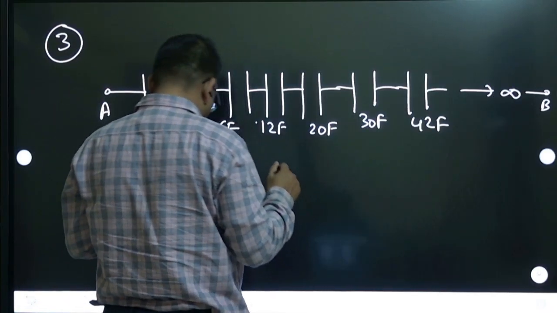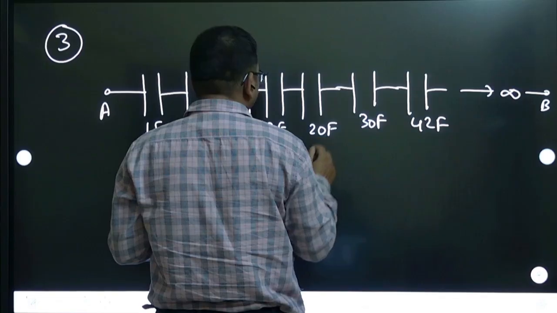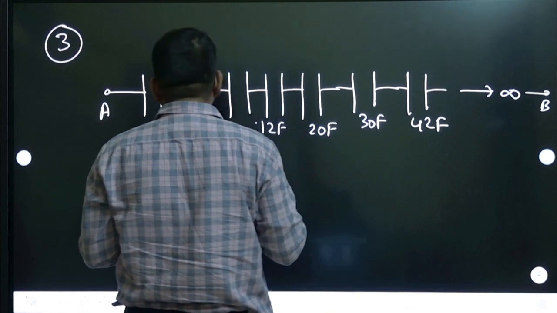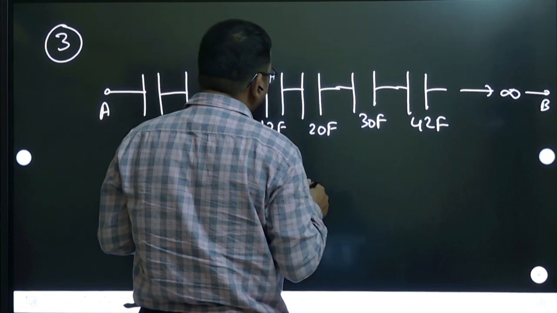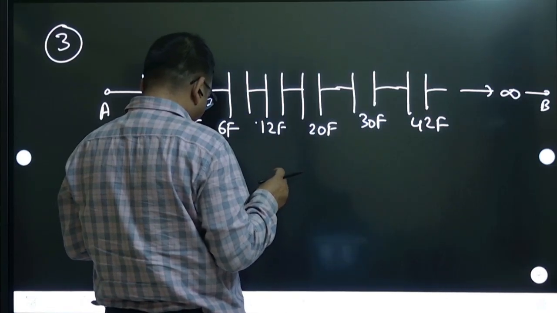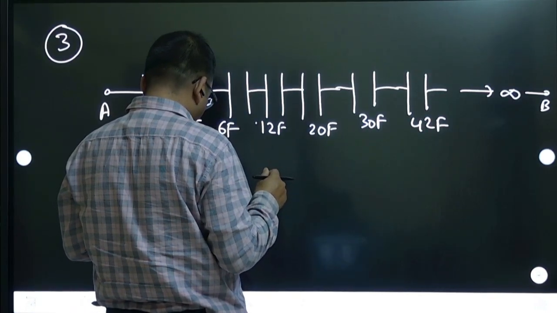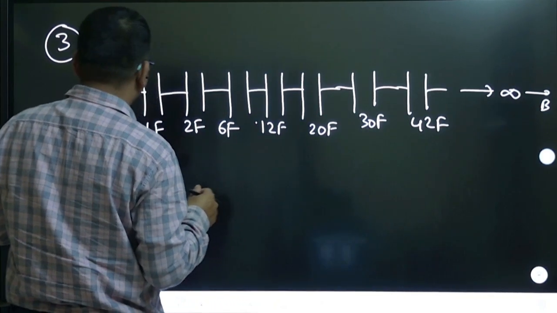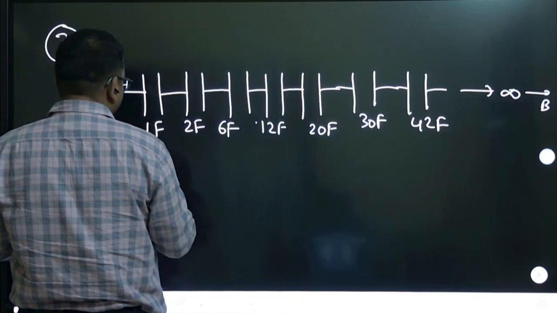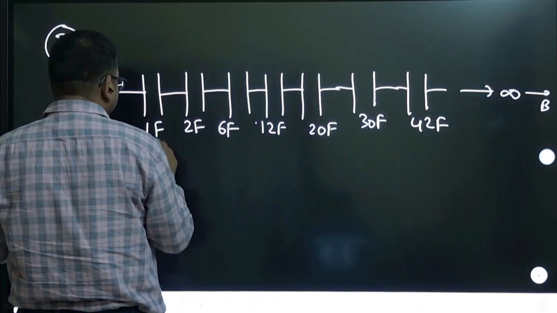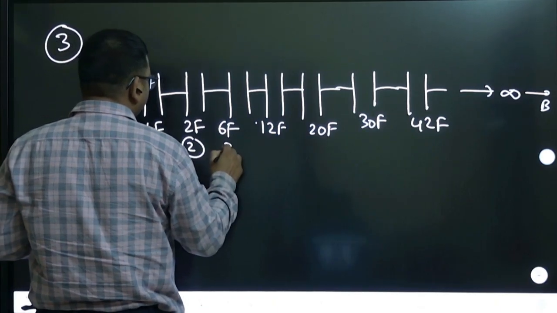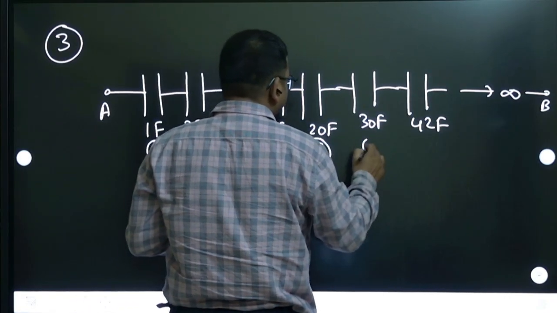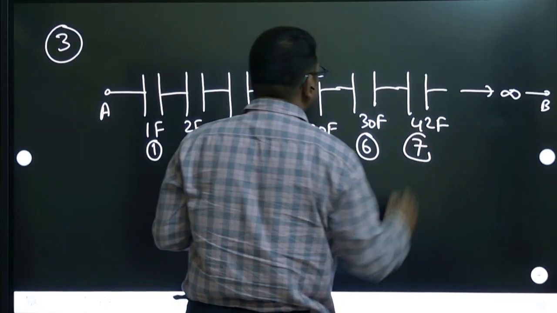Ratios are not coming. 12, 20, how is it coming? Any pattern can we recognize here? If you recognize any pattern, then we can see. This is the first number, this is the second number, third number, fourth number, fifth number, sixth number, seventh number.